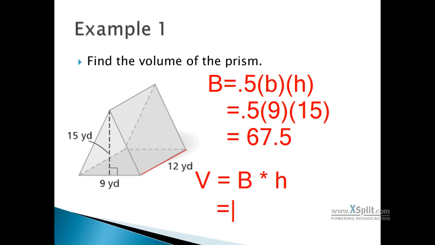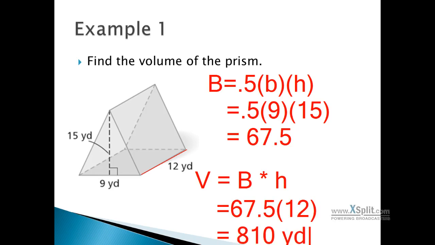So we plug in 67.5, multiply that by 12, and that gives us a total of 810 yards cubed. We've done yards squared in the past to represent surface area or area. This is going to be yards cubed. How many cubic things can fit into the shape?